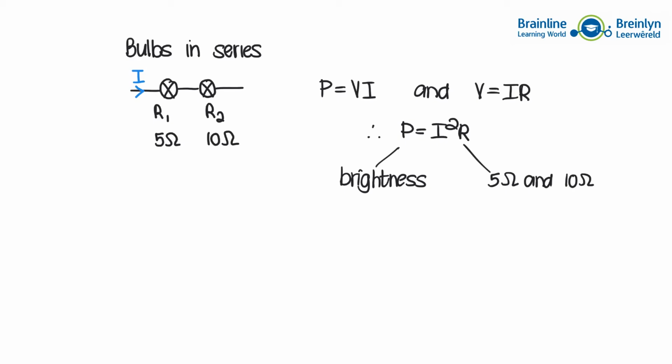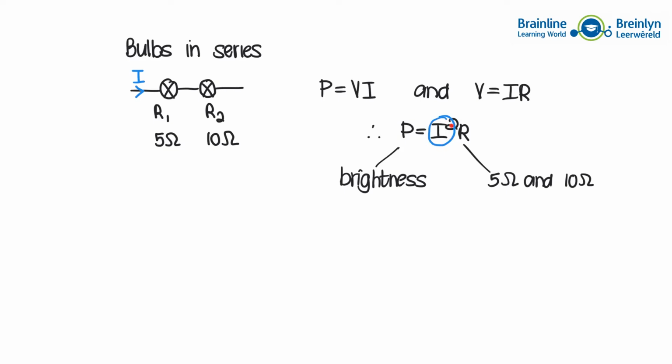As soon as we want to know the relationship between two variables in an equation, we always try to take the formula which has those variables as well as a constant variable, and we rewrite the formula so that the two which are related, the P and the R in this case, are on the same side of the equal sign, and that variable which is constant is kept on its own.